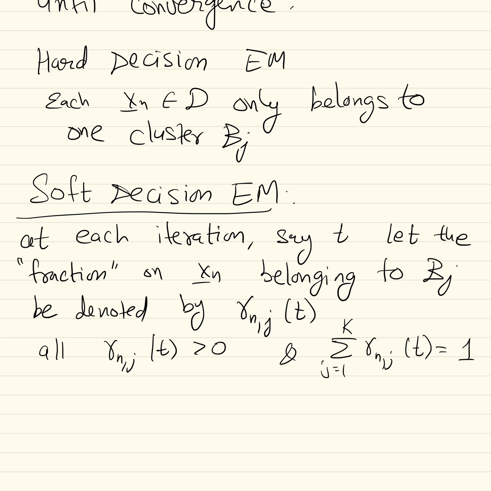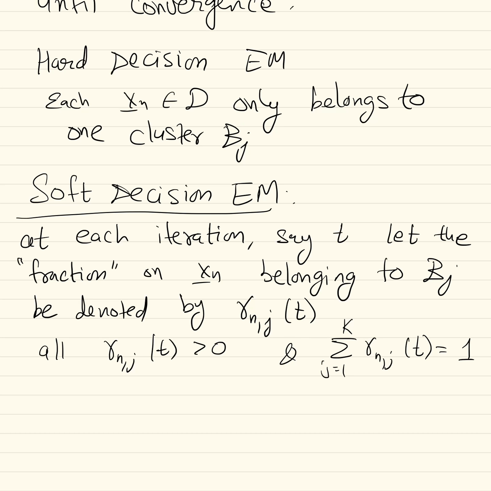If you sum each data point across all the k clusters, the sum will equal 1. Okay. So these are our auxiliary variables. We don't have B1, B2 as hard partitions. For each data point, we have these new auxiliary variables, gamma nj of t, which says how much of each data point belongs to the jth cluster. So this is what we introduce.